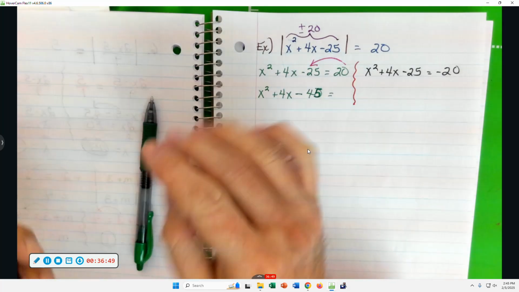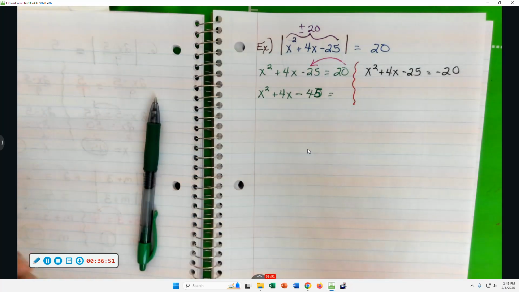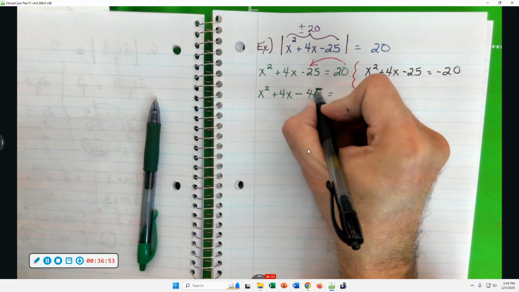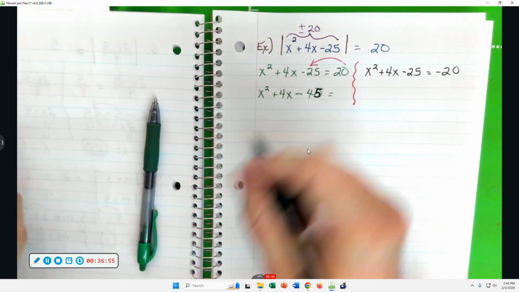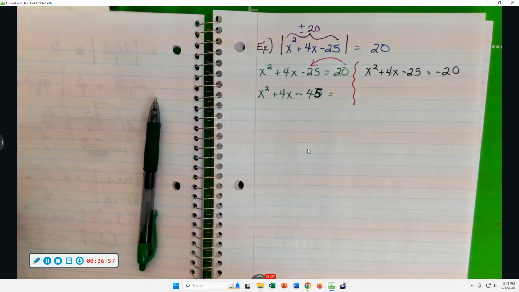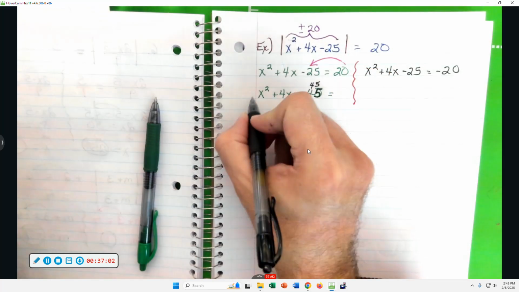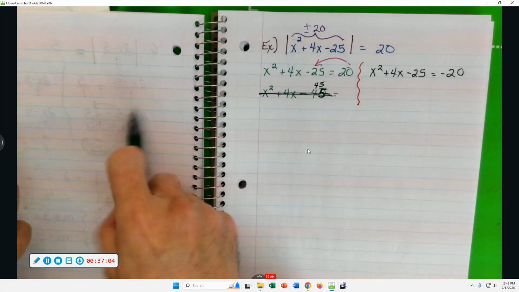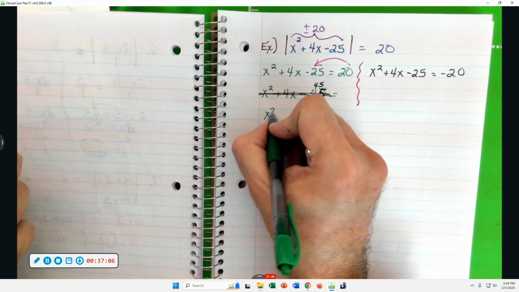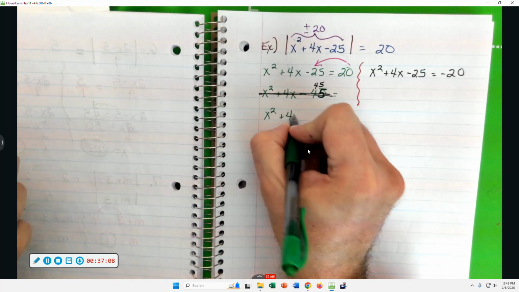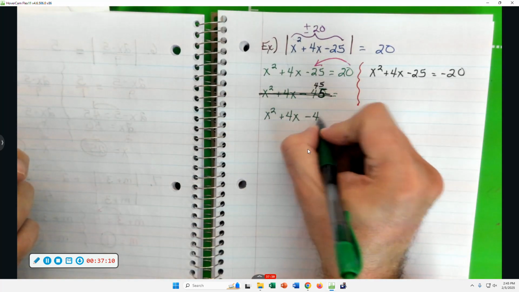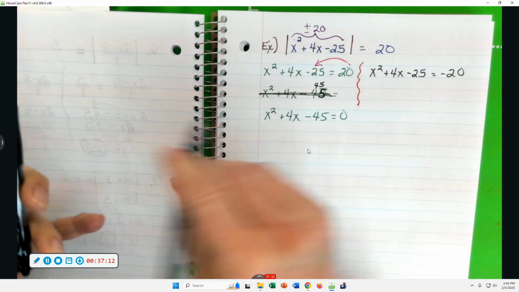Oh, shoot. I'm making a big mess. Whenever you mess up and you just start writing over it, that only makes it worse. I'd mark out that whole line and rewrite it. Okay, you're right. x squared plus 4x minus 45 equals 0.